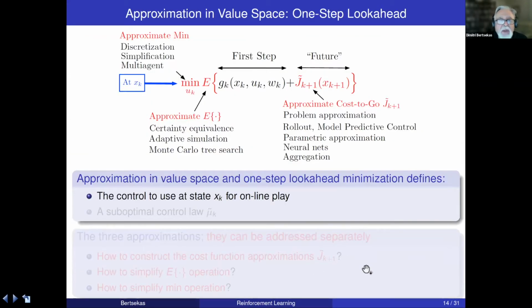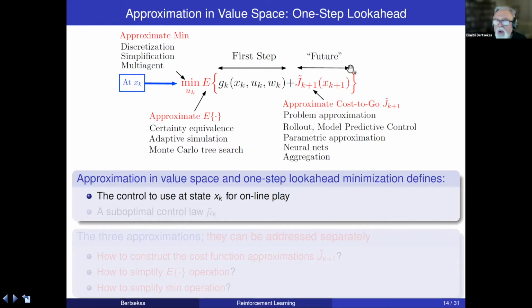So here is a schematic of approximation in value space with one step look ahead and no rollout. At state xk, we perform this minimization involving the first step and an approximation of the future costs as represented by this J tilde function, which we assume that we have gotten in some way.